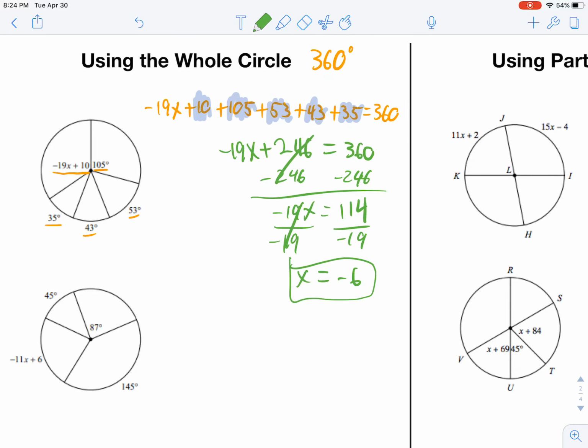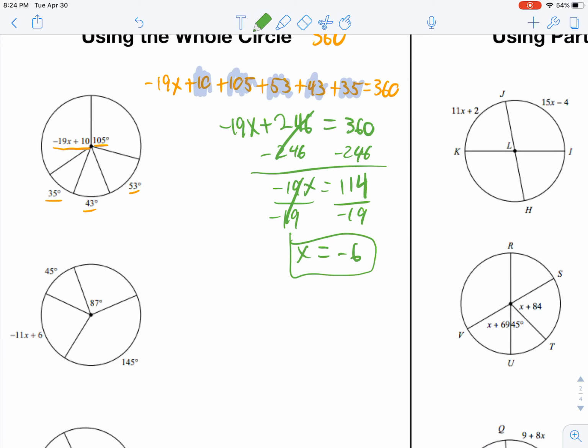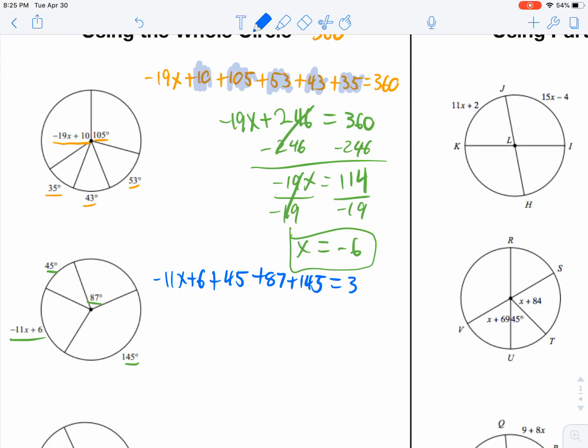Okay. All right. So this next problem, same thing. We have different parts in this expression, so let's write it out. Negative 11x plus 6 plus 45 plus 87 plus 145 equals that whole circle. Whole circle is worth 360 degrees.